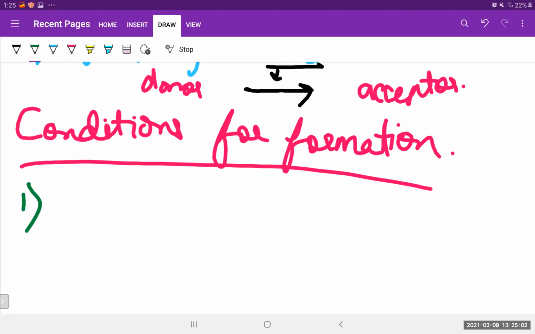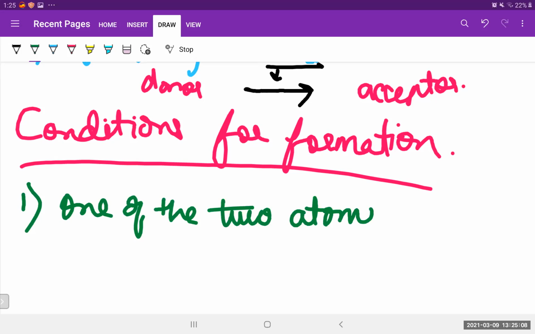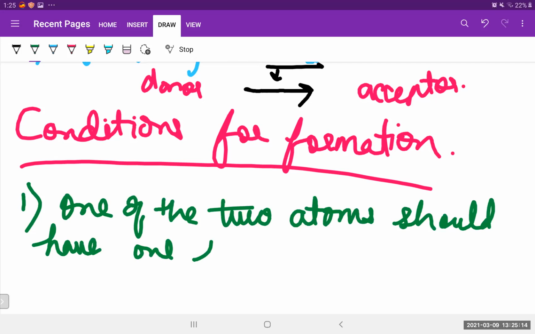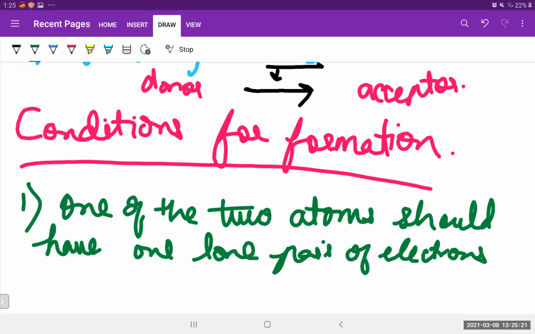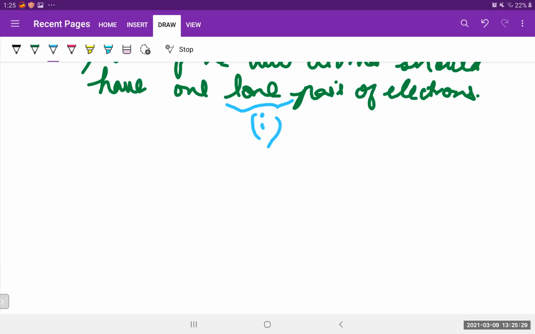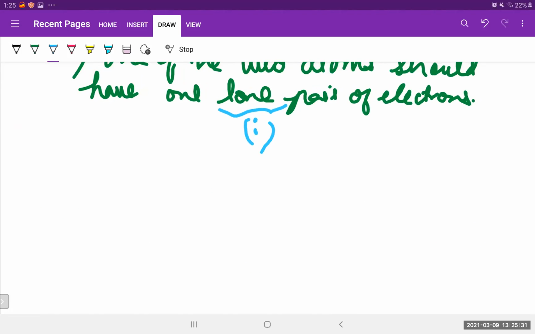Okay, first, one of the two atoms should have one lone pair of electrons. Lone pair I've already told you. The pair which is not connected, it's lonely. So that's why lone pair. So one should have lone pair of electrons.